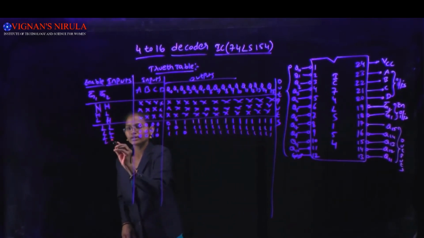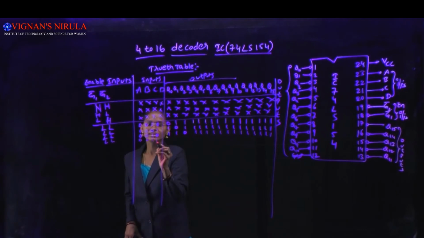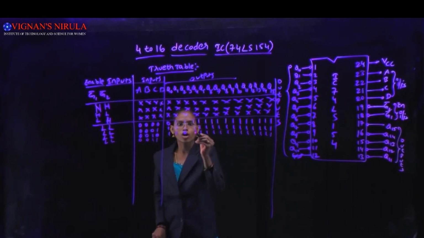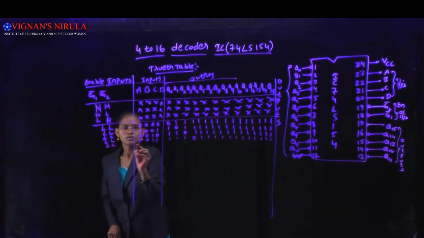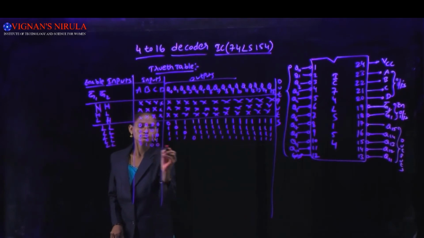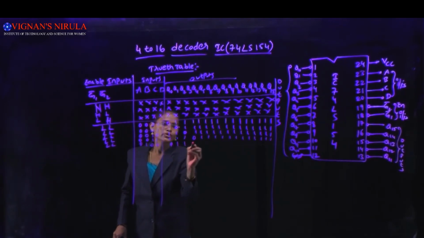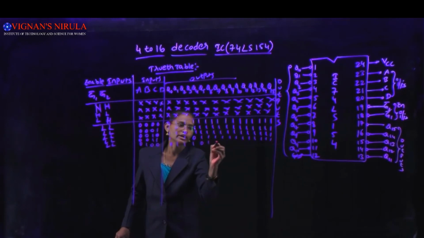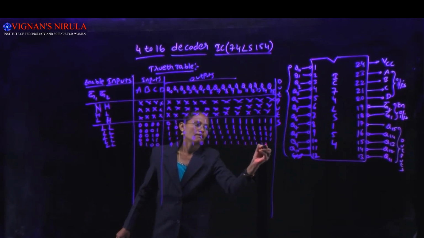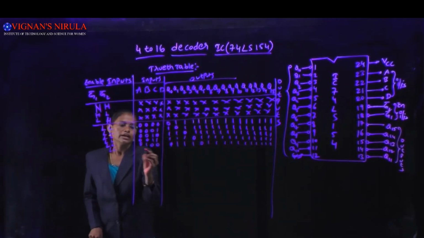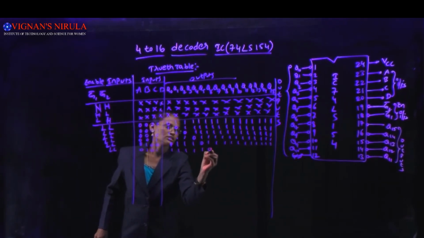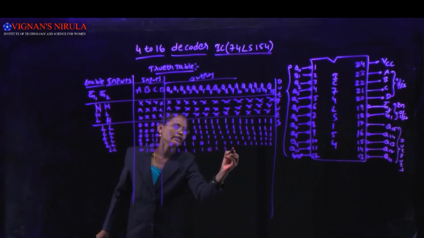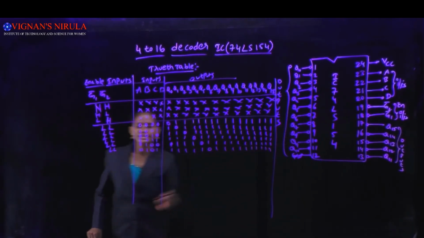And next input is 0011, that is Q3. Q3 output is 0 and remaining all are 1s. And next 4, Q4 output is low and remaining all are 1s. And next input is 0101, that is 5, Q5 output is 0 and remaining all are 1s.